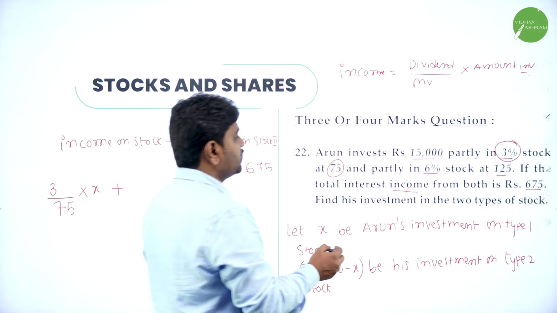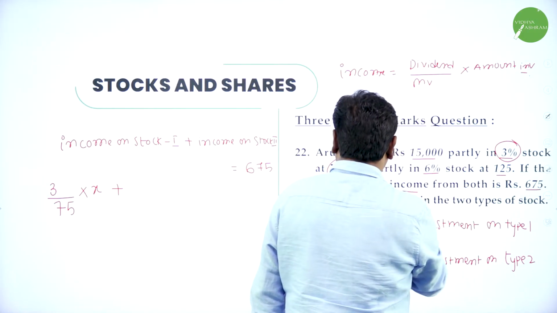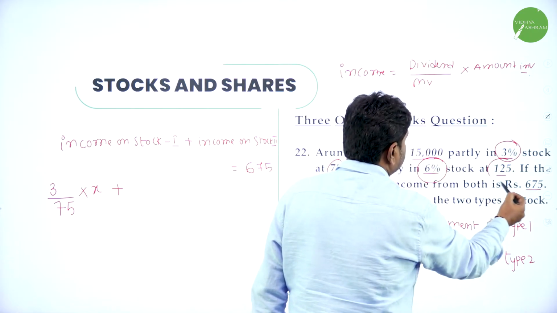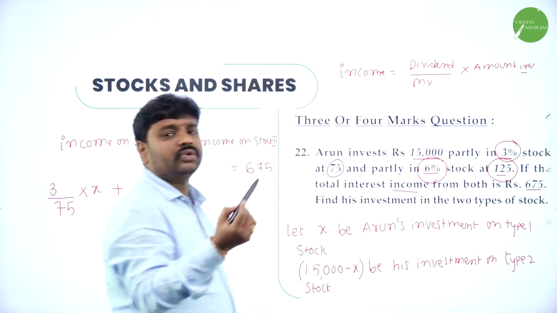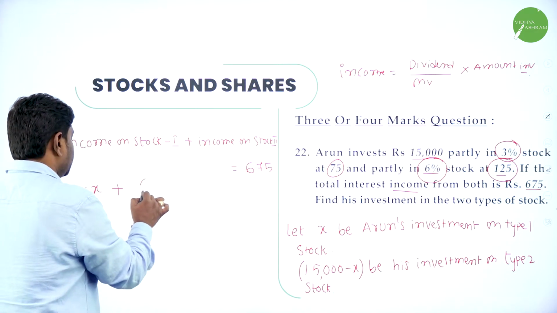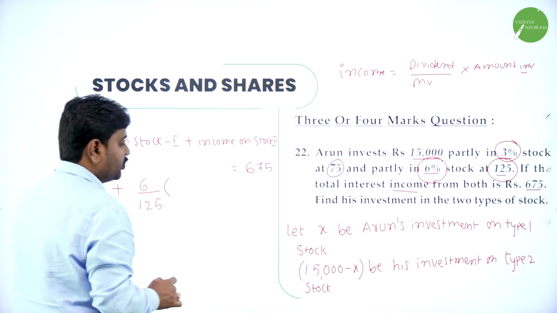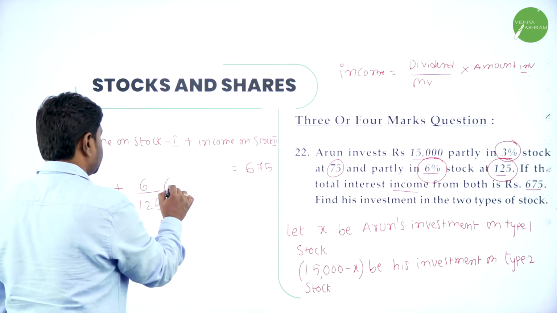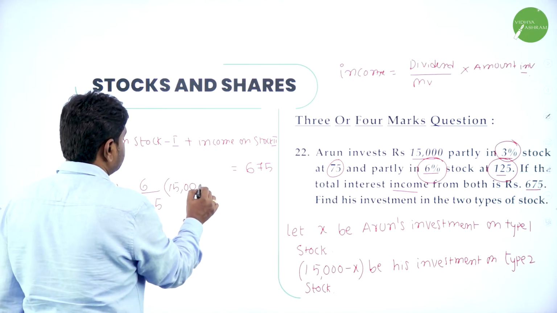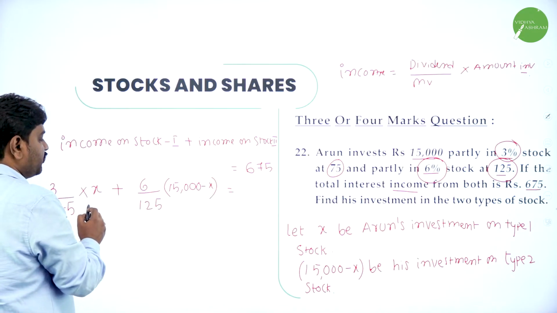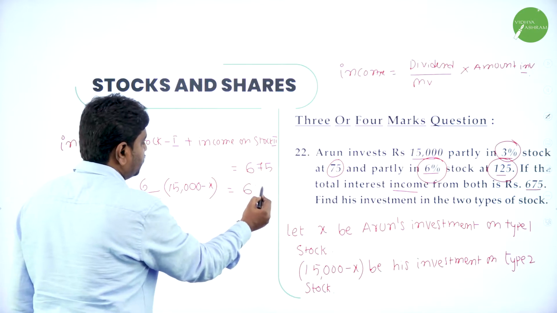For the second case, the second stock is at 6%, stock at 125. So dividend is 6, market value is 125, and he is investing how much? 15,000 minus X. This is investment on second stock. The total income, income on first plus income on second, is 675.